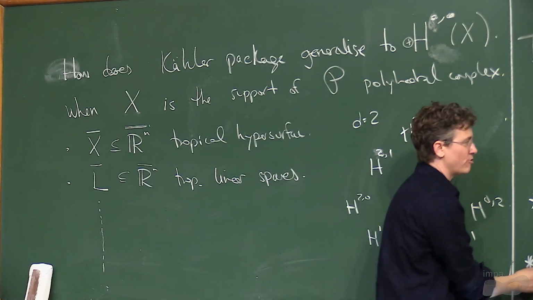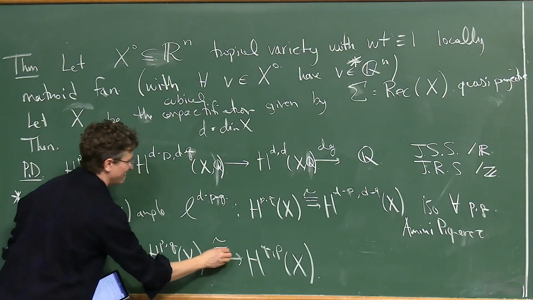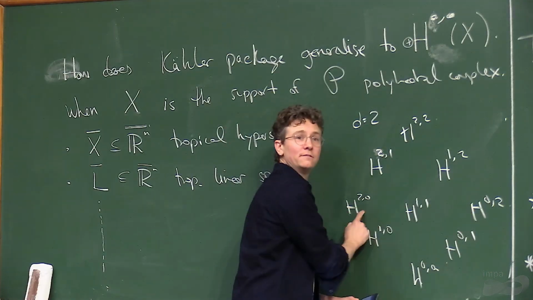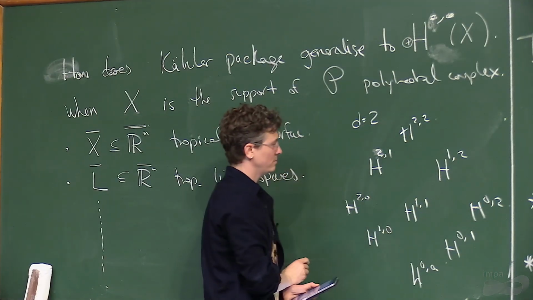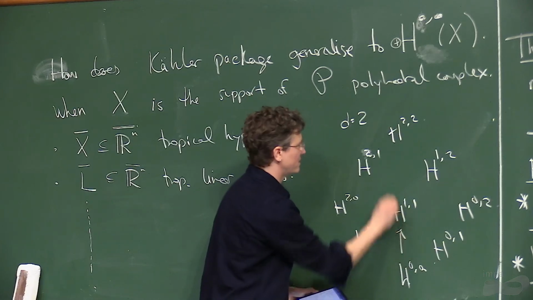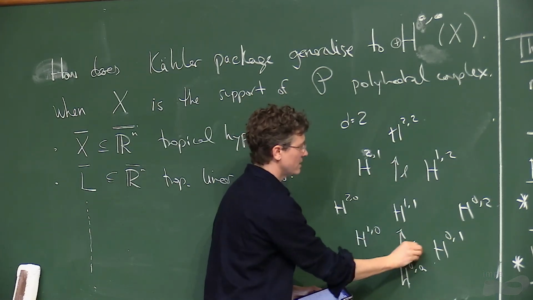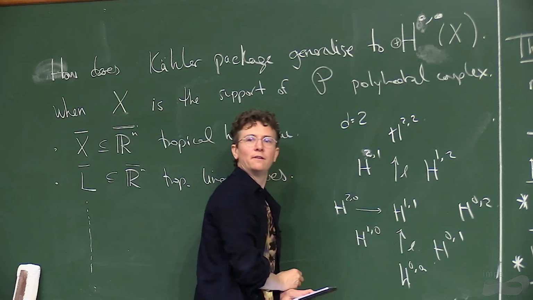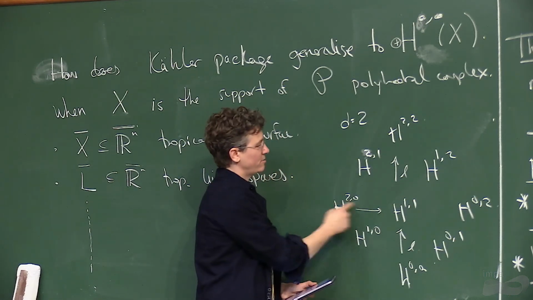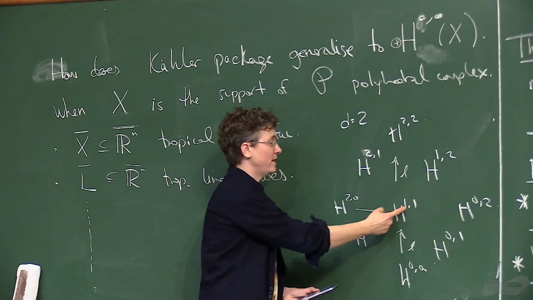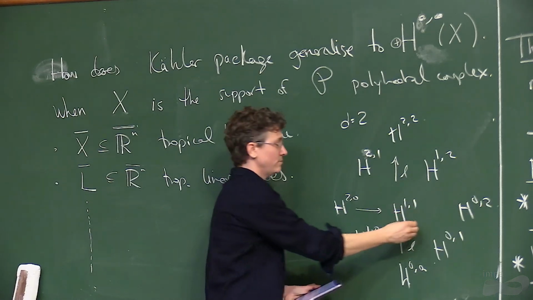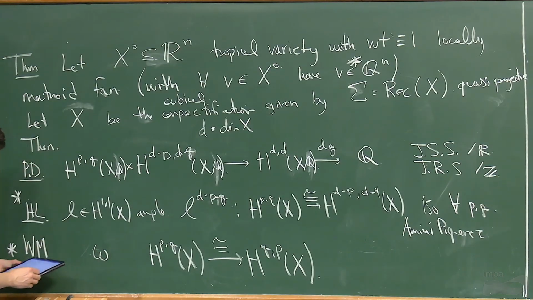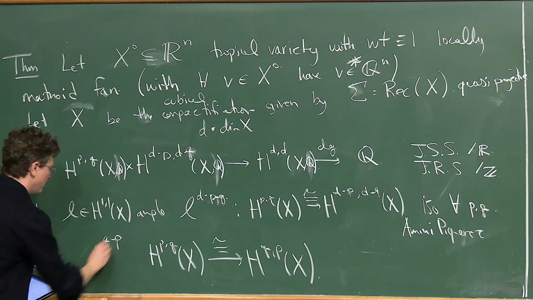This weight monodromy is going to give us an isomorphism between these two. So that's like going from here to here. All right, so Lefschetz is going like this. If we want to get from here to here, there's actually a map that decreases P and increases Q, and we need to do that Q minus 1 times.